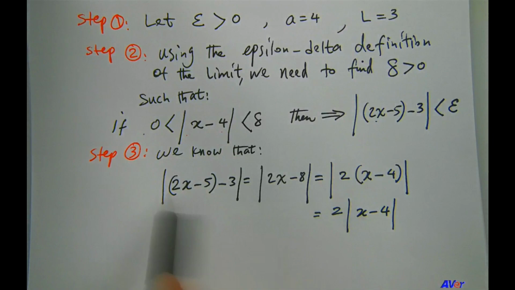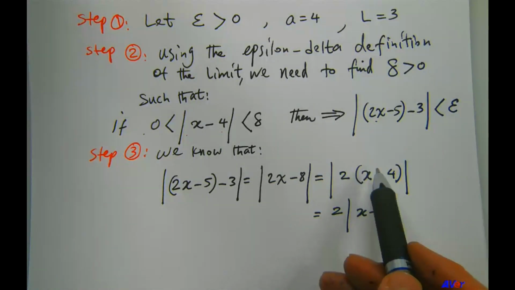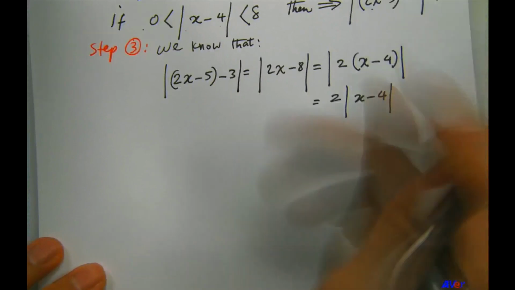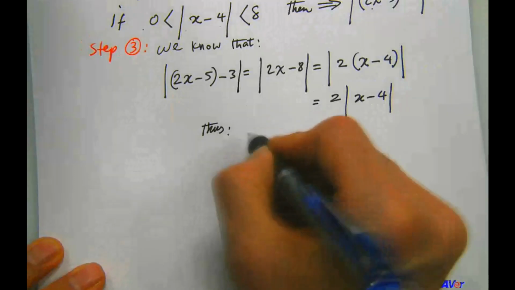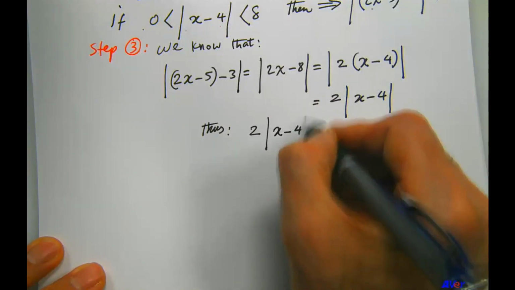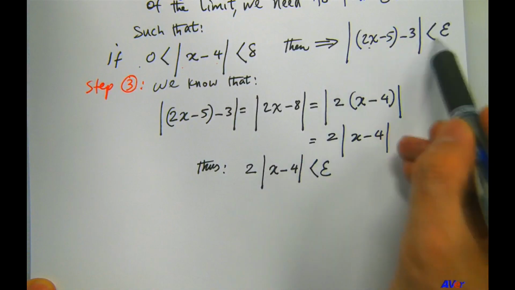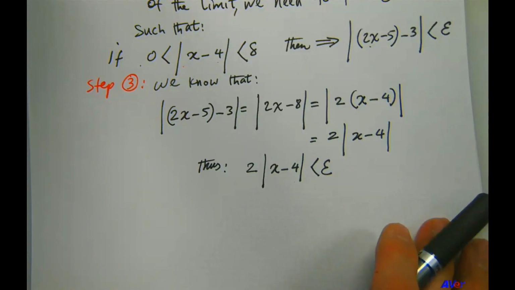All of this reduces to that. And we already know epsilon is larger than this. Okay, so thus, let me summarize it. Thus, 2 times the absolute value of x minus 4 is less than epsilon. So we just simplified that, and this is what we got.